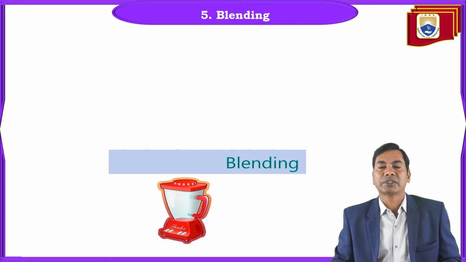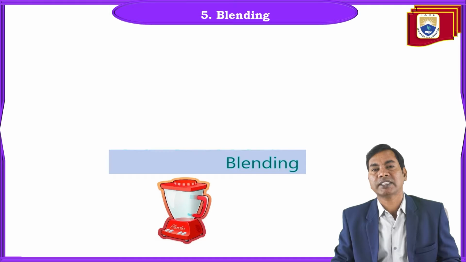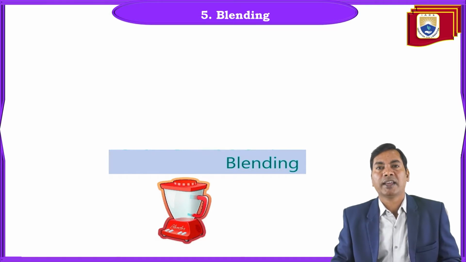We use the mixie for different purposes, right? Even for blending also. We put all different types of fruits in that to get a new variety of fruit, right? So we will look at how this word blending is related to our vocabulary.